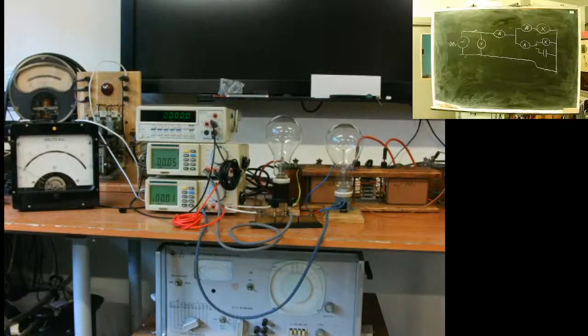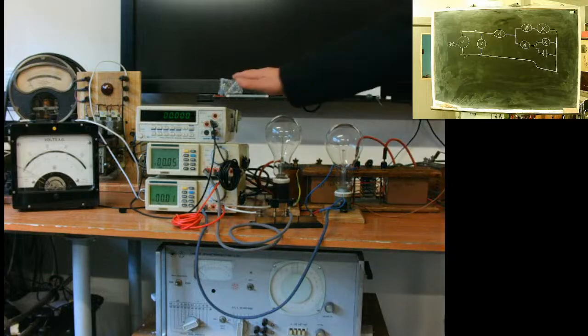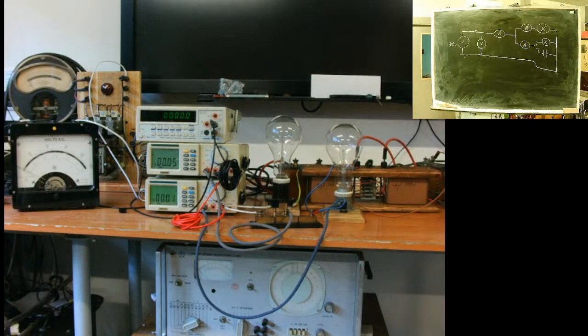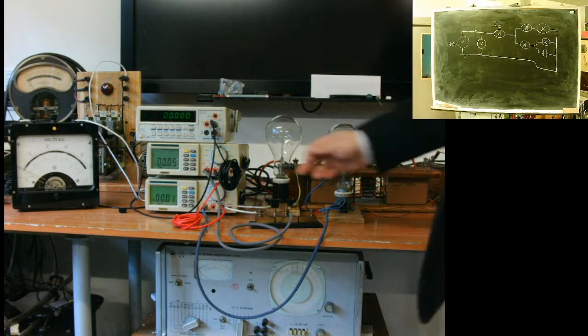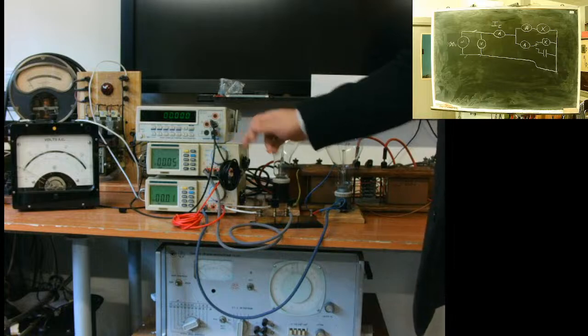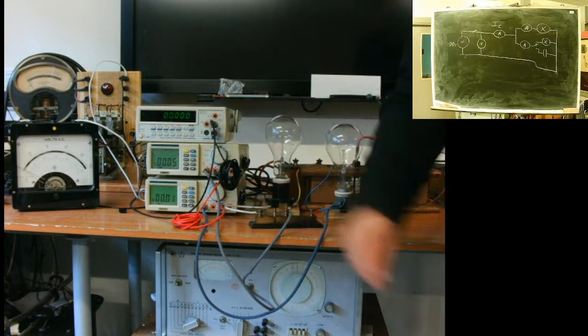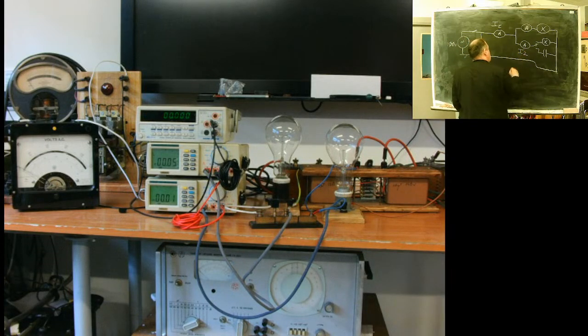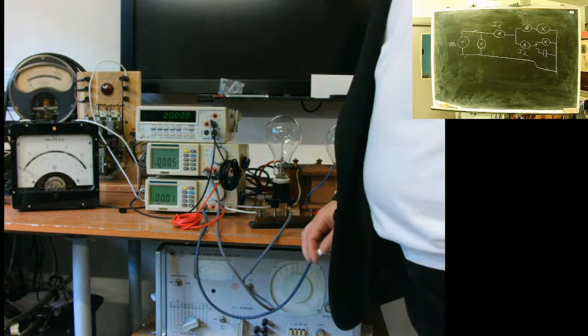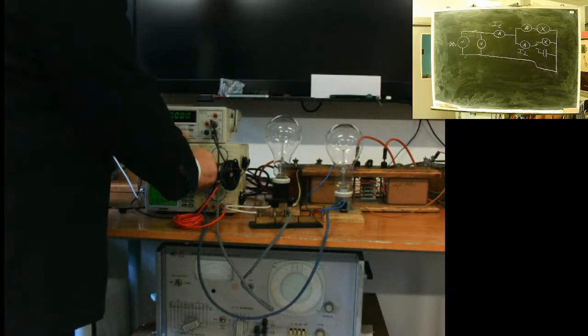Here it is. So here is the meter 1, measuring the sum of currents. This one will measure current 2, and maybe I should switch them.